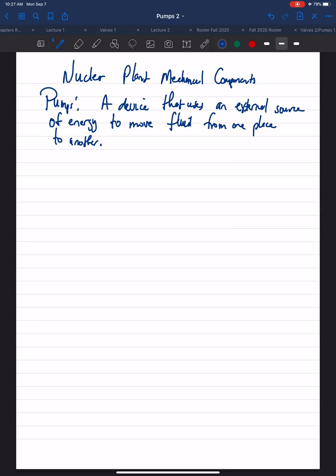We define the term capacity, which we can define as the rated volumetric flow rate for a given set of parameters.